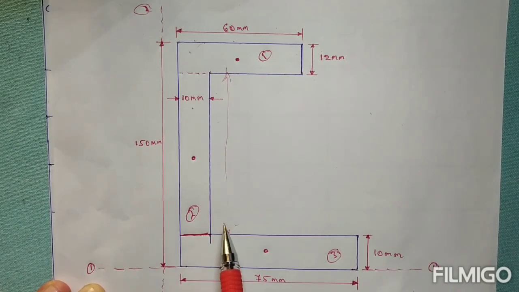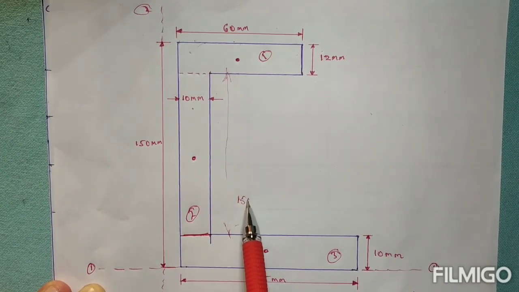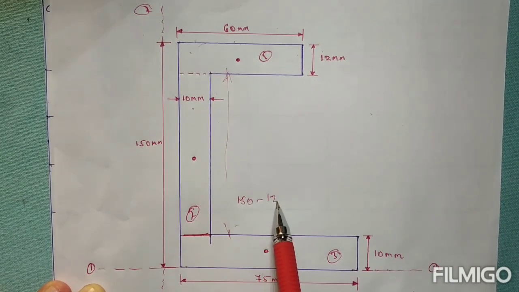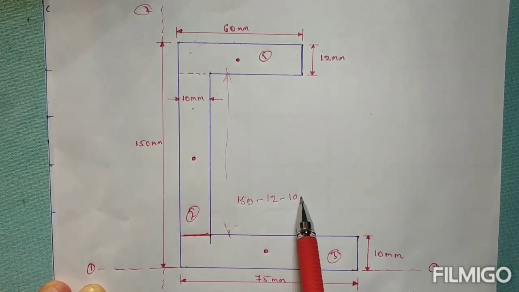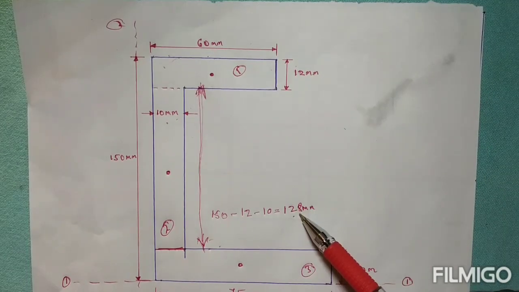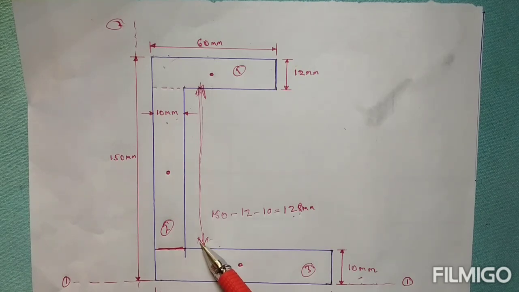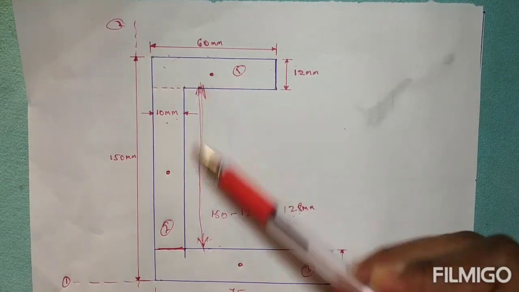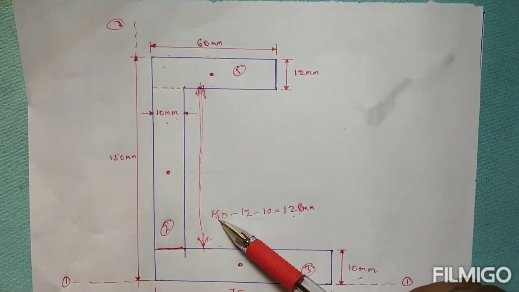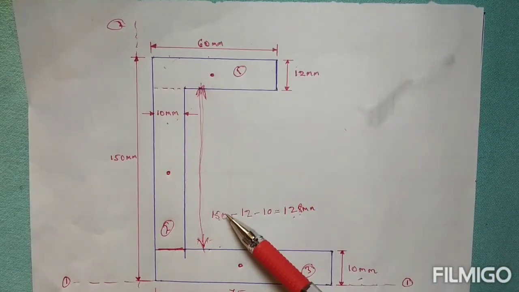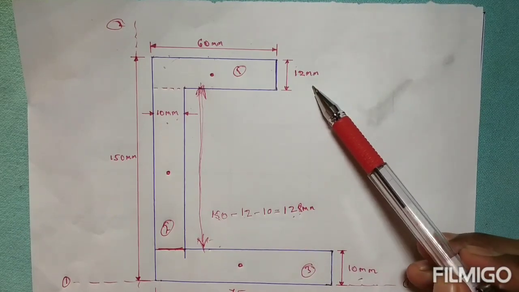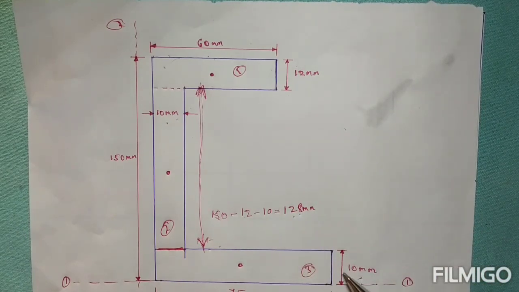So the depth will be 150 minus 12 minus 10, and the answer is 128 mm. That is the depth of the second component, from here to here. The 12 mm is the top flange depth and the 10 mm is the bottom flange depth. So deducting the two depths, we get the second component depth.